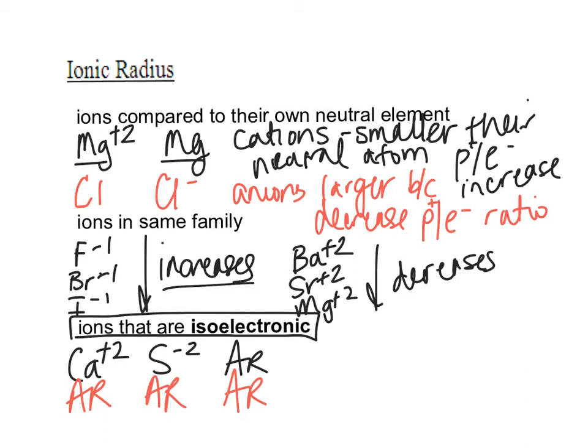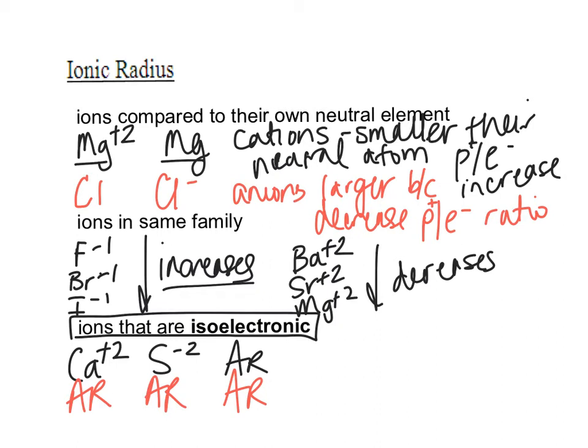Whenever you have isoelectronic, you need to compare the one with the more protons. Isoelectronic means the same number of electrons. So the one with more protons is going to pull in and make the smallest atom. Looking at the charge, you're capable of figuring out which one has more protons, or you can just look at the periodic table.